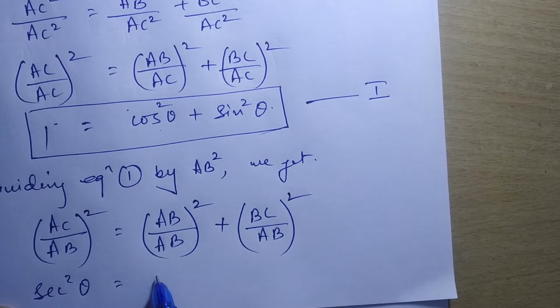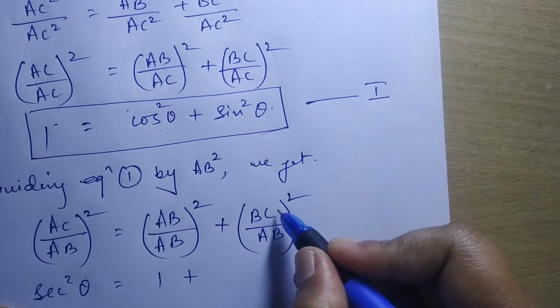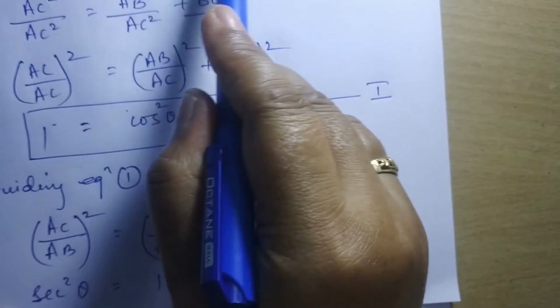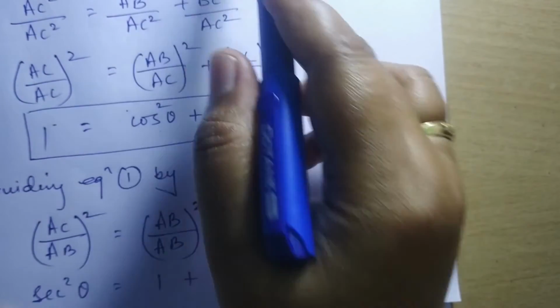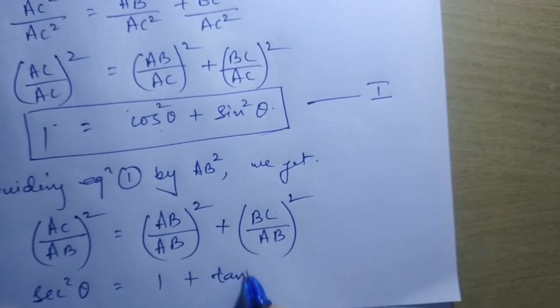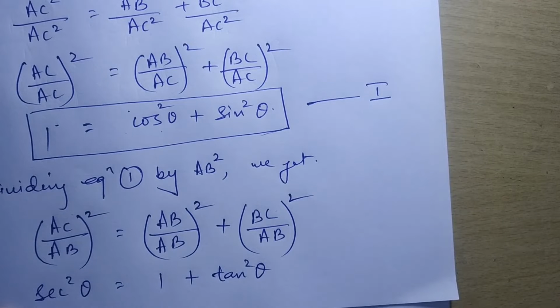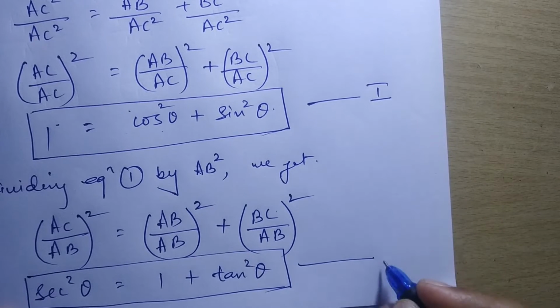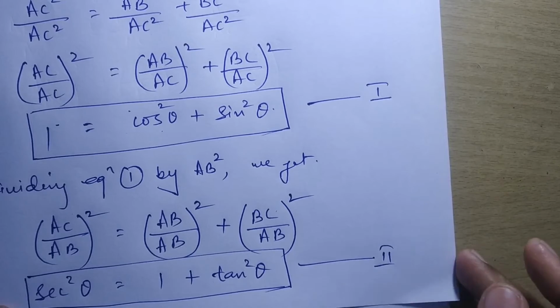AB by AB, it is 1. What is BC by AB? Perpendicular by base. It is tan square theta. Okay. So now you have got the second identity. This is your second identity.